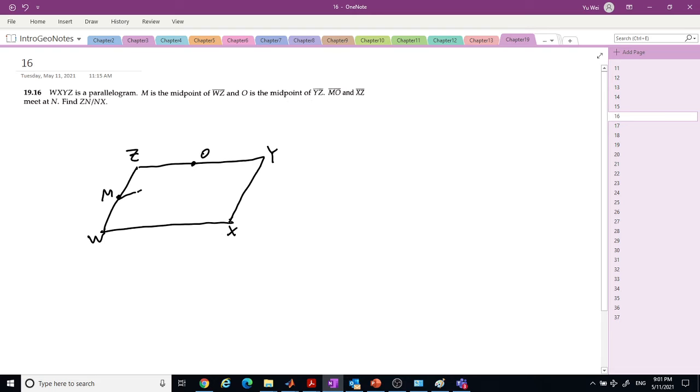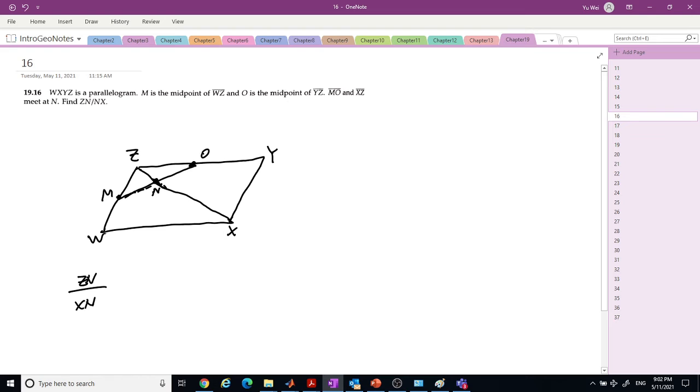So basically this is the midpoint segment, and the MO and XZ meet at N, right? So what we want to find is, what is the ZN over XN?